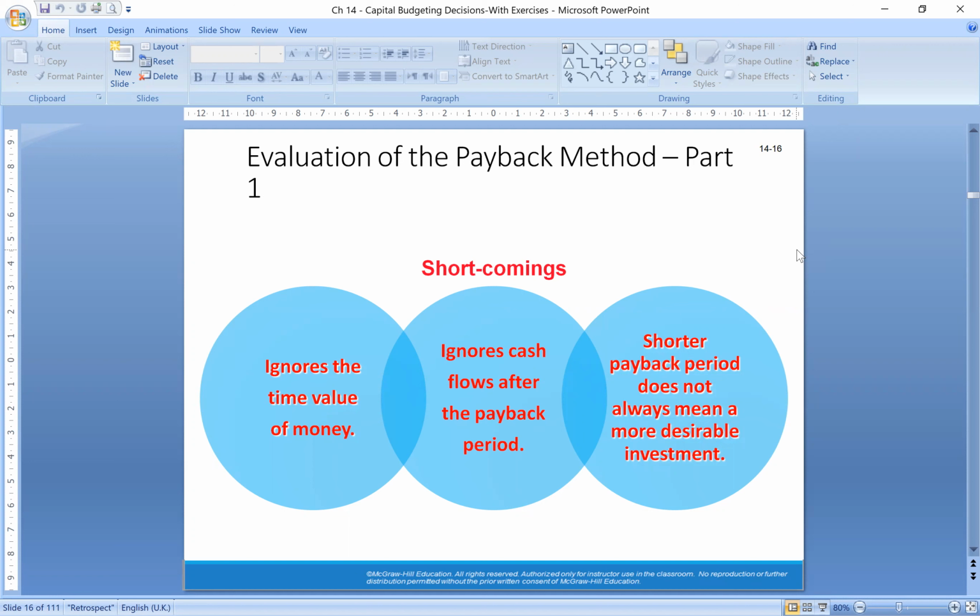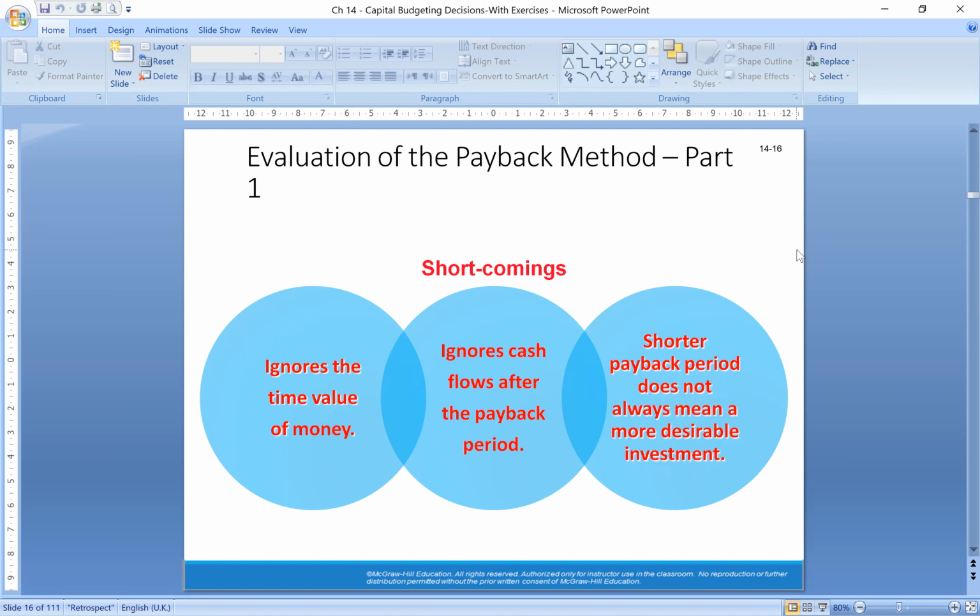Suppose that, referring to the examples that we have just seen, project Y generates more cash flows after the 2 years compared to X. So what are the cash inflows after year 2? In year 3, 4, 5, 6, 7, maybe.